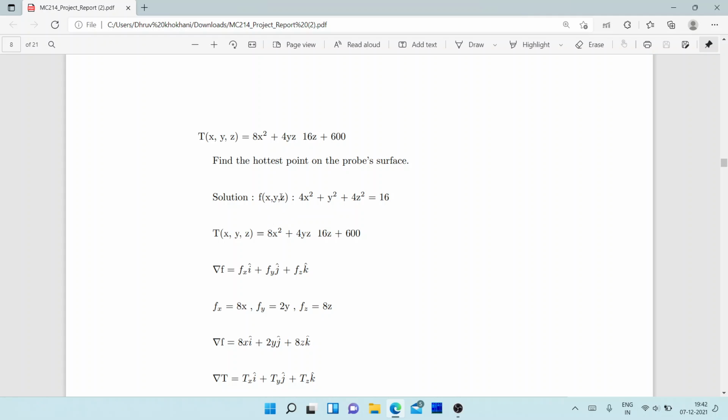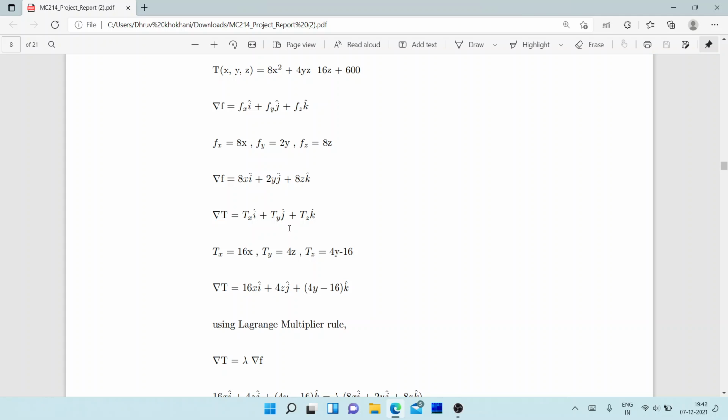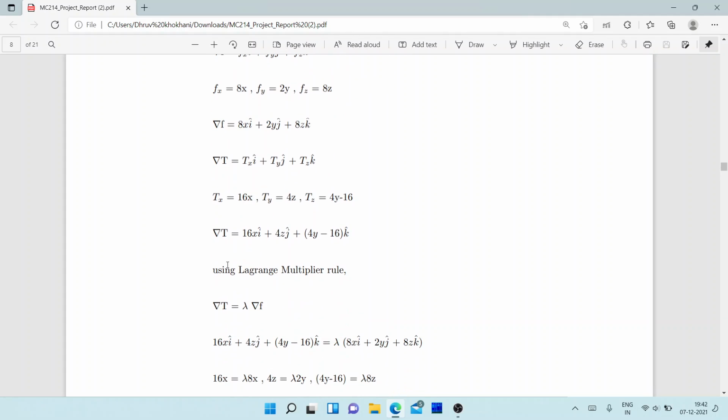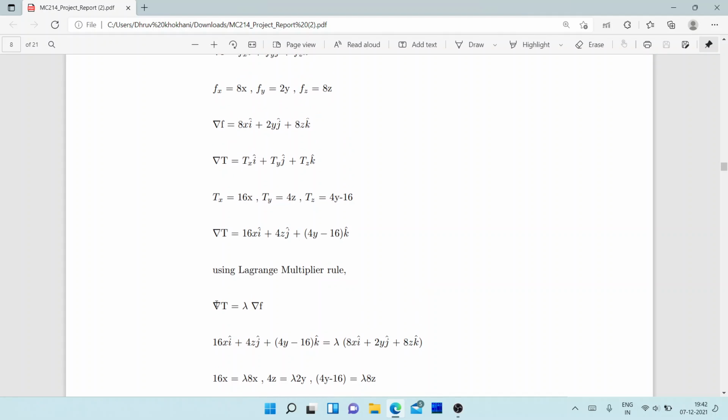So first we take this equation as f, and the temperature equation T is given. We find the gradient of f and the gradient of T, and then using the Lagrange multiplier rule, we get the point on the surface of the probe which is the hottest point.